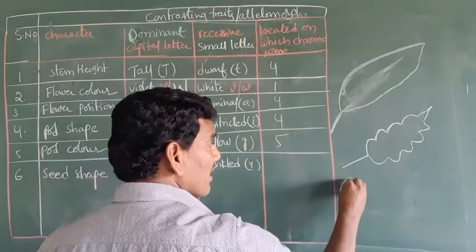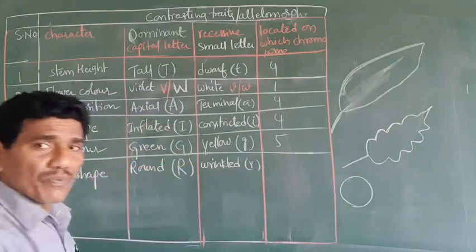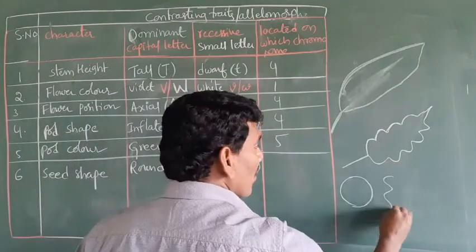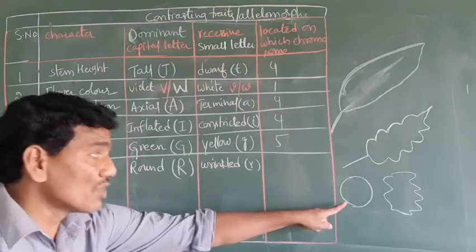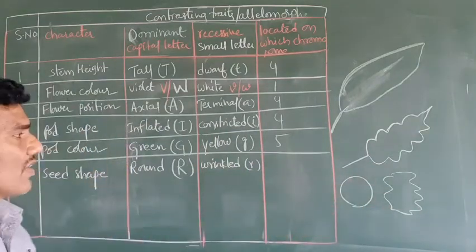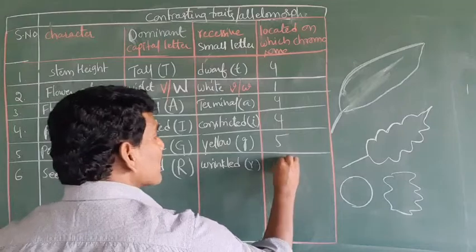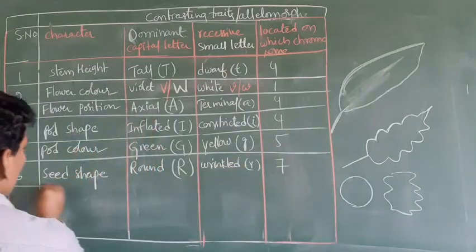This is a round seed, this is a wrinkled seed. Located on the 7th chromosome.